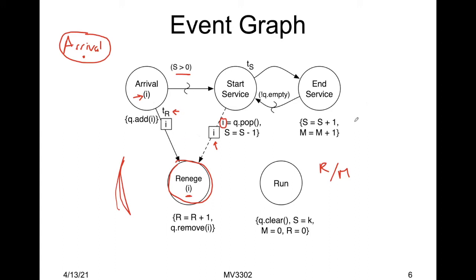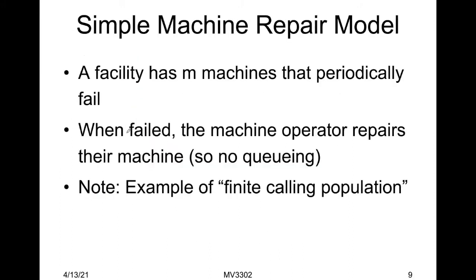Remember that the multiple server queue with explicit tallying that we did yesterday saved the arrival times. Now I could do that here by having another queue that saved the arrival times and then did all that stuff. But there's actually a better way. And that better way is I'll begin talking about that in the second part of today's class.